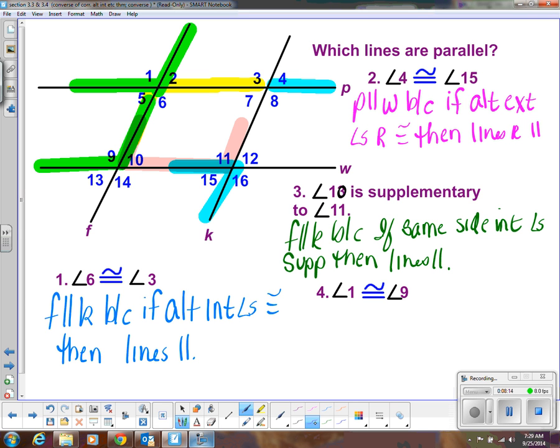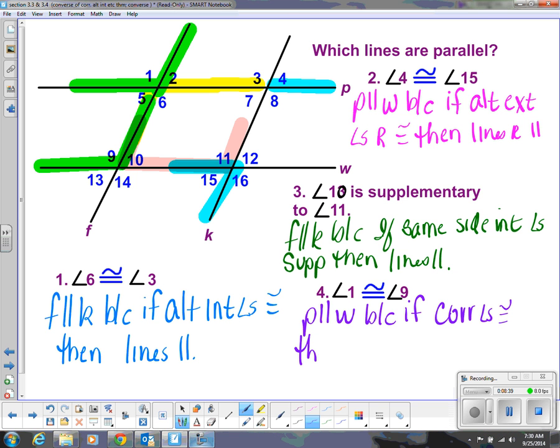We're working in green. Okay, which lines are parallel? Okay, so P and W, because you see this green and you see that green, what lines are those? P and W. So P's parallel to W because, what type of angles are they? Corresponding. If corresponding angles congruent, then lines parallel.